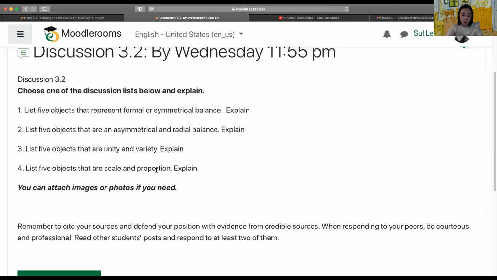Or the Apple logo shows asymmetrical balance because the right side is the regular apple shape and one side is a bitten shape. So like that. Find 5 objects, now, one of these, and post it by tonight. And by tomorrow, please reply to your peers.